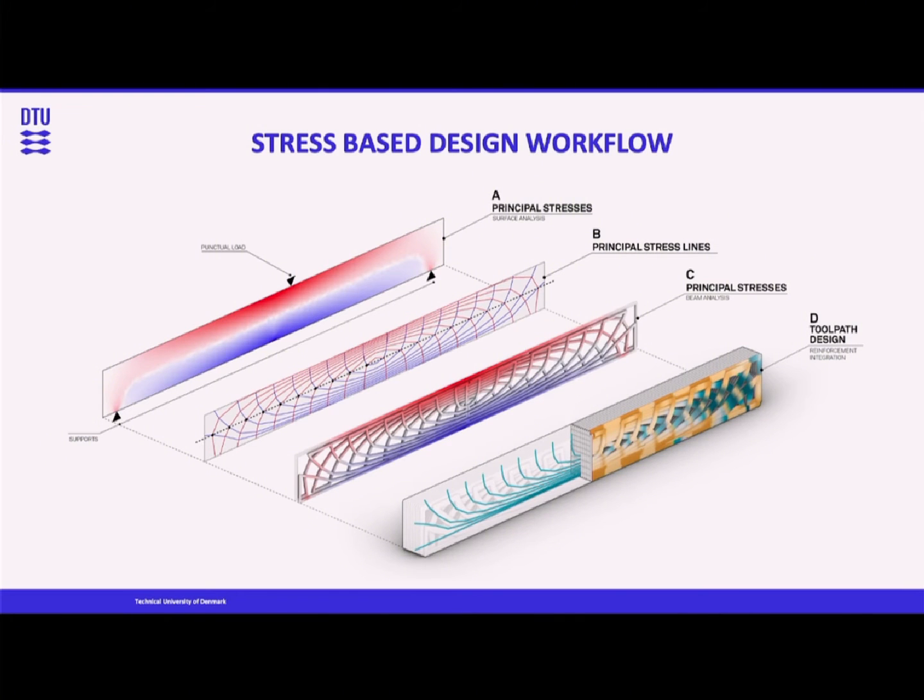And here you can see how we went from a linear finite element analysis to selecting principal stress lines, how those became layers, and how then we adapted the speed, again, looking at the finite element analysis and at the fabrication constraints.